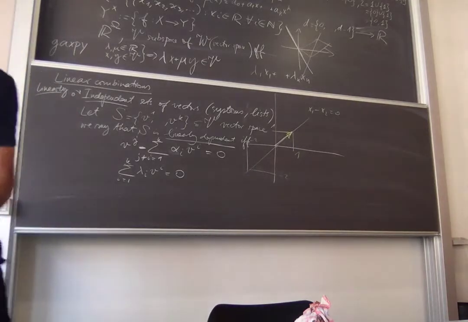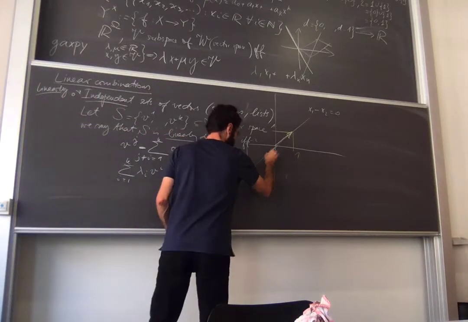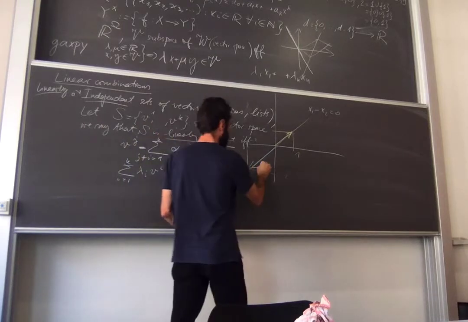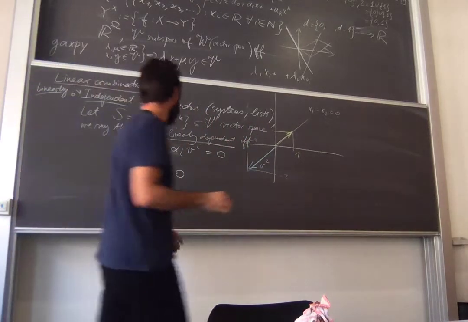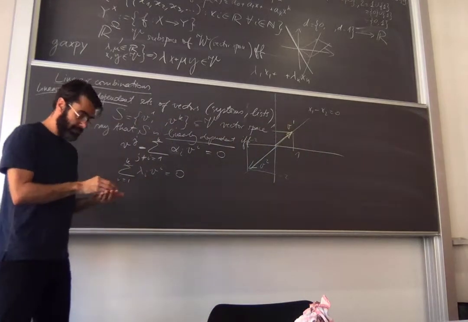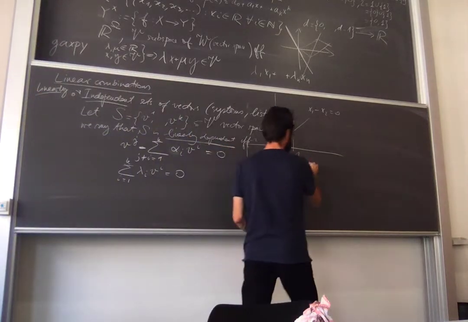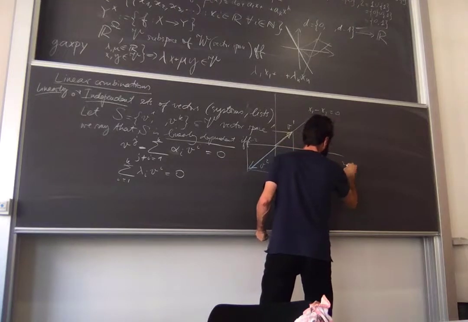Challenge. Let's call this one V2 and that one V1. Find lambda 1 and lambda 2 such that lambda 1 V1 plus lambda 2 V2 equals 0.